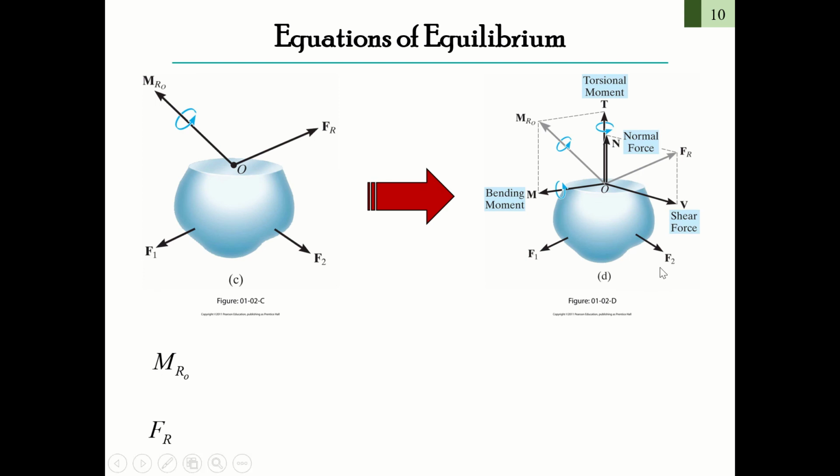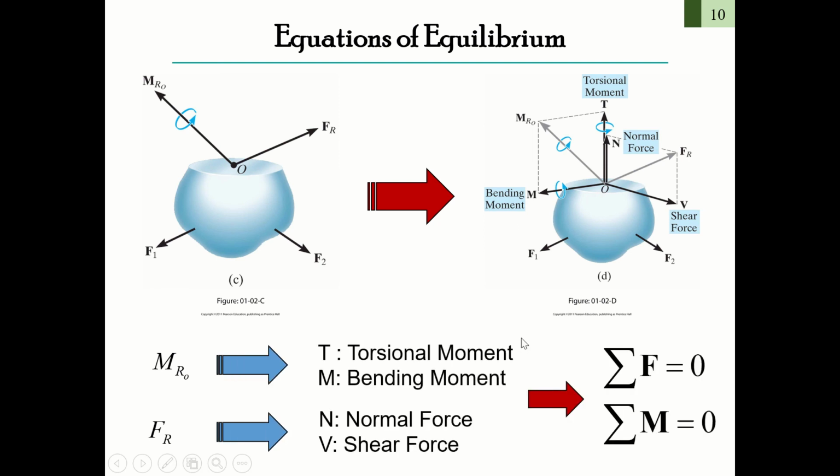Okay, and also the resultant moment can be separated in two parts. In the normal direction, it is called the twisting moment, and in the horizontal direction we call it the bending moment. Okay, so the twisting moment and the bending moment, and the FR can be separated into the normal force and the shear force. That is called summation F equal to 0.